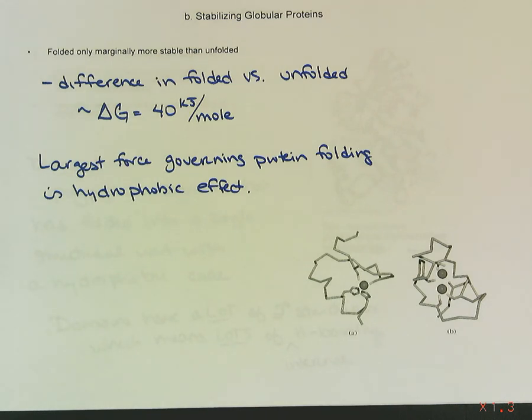The reason a protein wants to fold is not necessarily that delta G gets more negative and becomes more spontaneous.